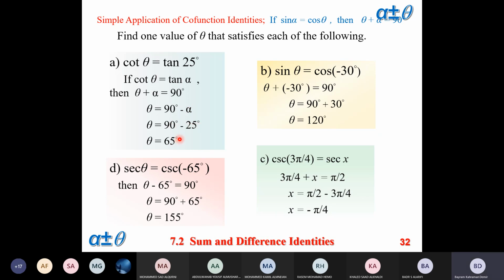Cofunction identity. And similarly, sine theta equals cosine of negative 30. Two sides, when you add them, theta plus negative 30 is 90. Negative 30 goes to the other side, so you will get theta equals 120. Quite simple logic, Shabab.